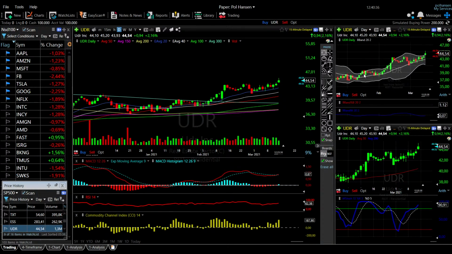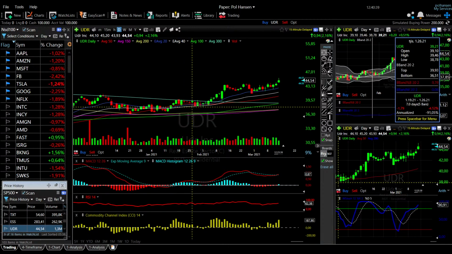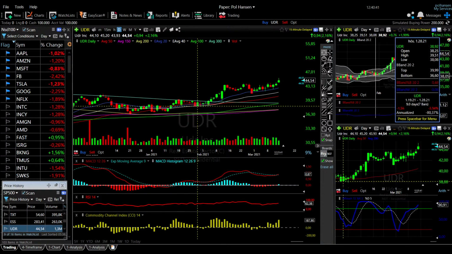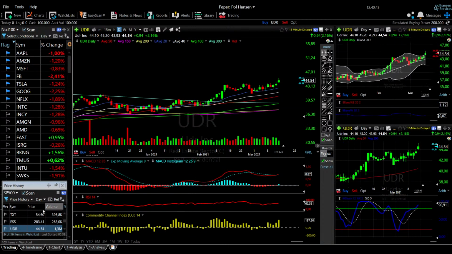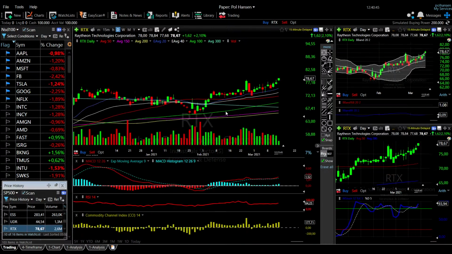So here, gradually towards the middle before going higher. We can look at the RTX. These are overstretched to the upside, but we don't have an RSI that is very high. It could pull back, but it's better to have an RSI that is higher than this.